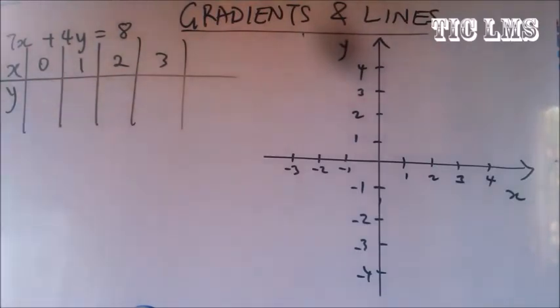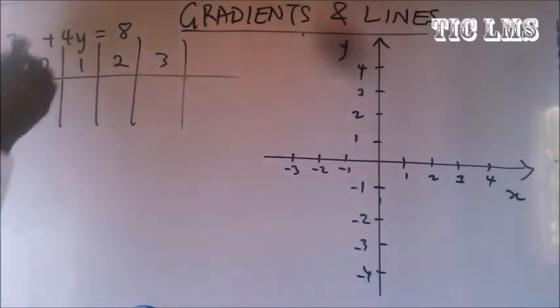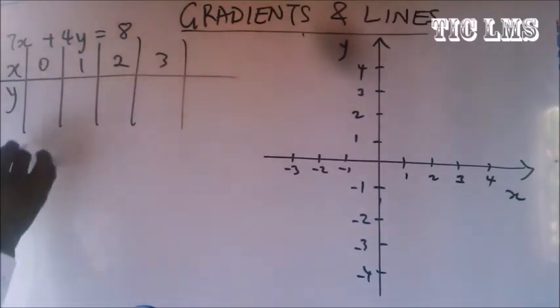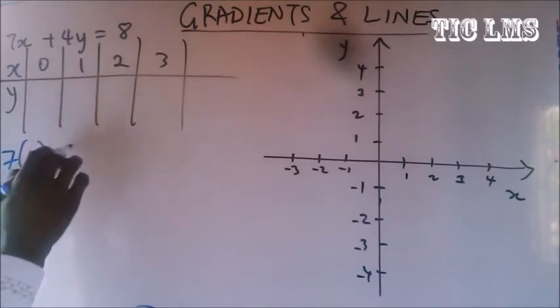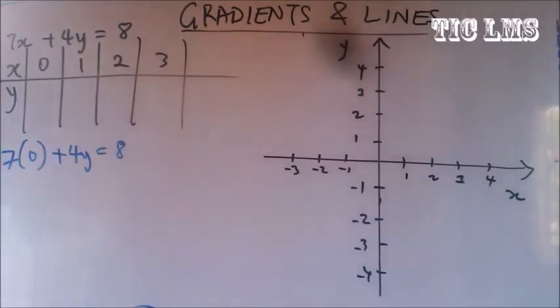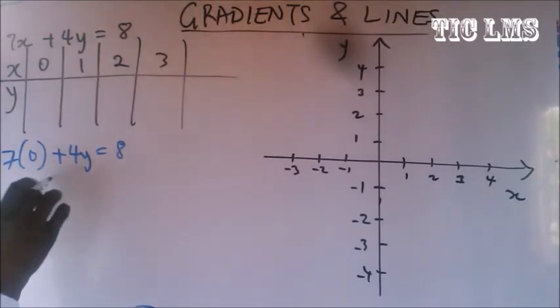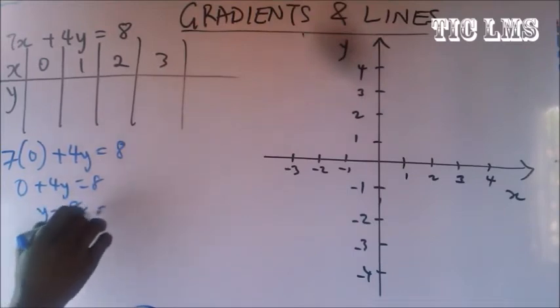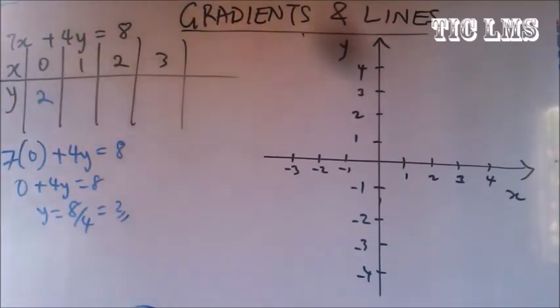When x is 1, what will be the corresponding value of y? And so on. We'll go on by having our equation, that's 7, then we'll put 0 here, plus 4y equal to 8. What will be the value of y? 7 times 0 leaves us with 0, plus 4y equal to 8. So y equal to 8 divided by 4, and that is 2. So we'll have 2 here.